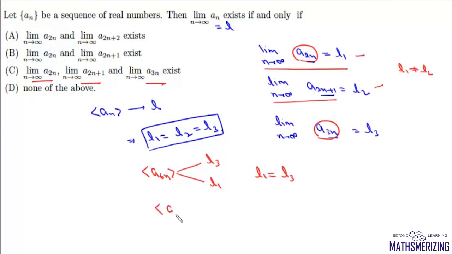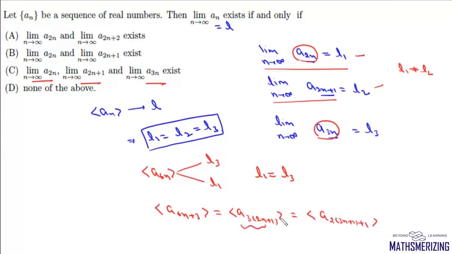Now we consider this a6n plus 3. Then a6n plus 3 is a3 into 2n plus 1, and we can also write this as a2 into 3n plus 1 plus 1.